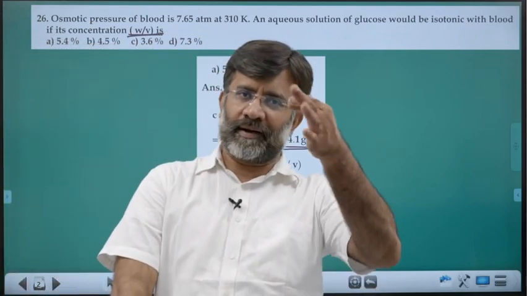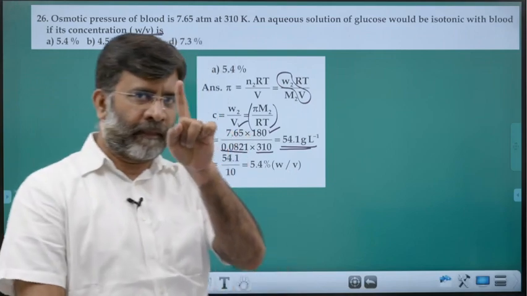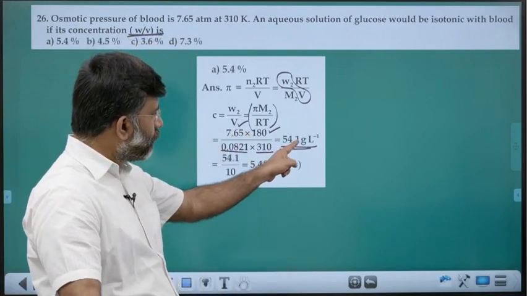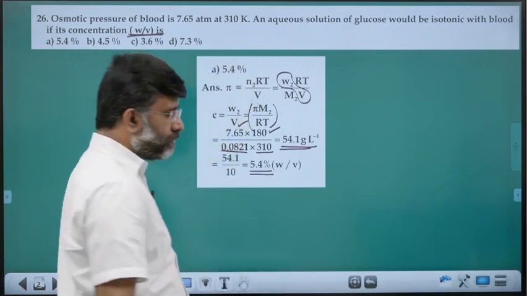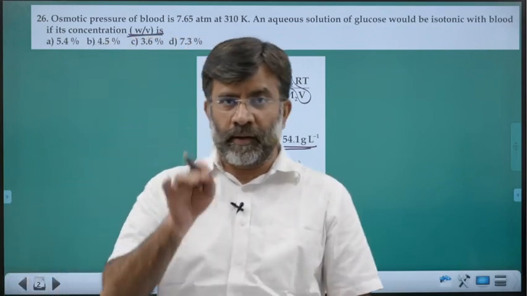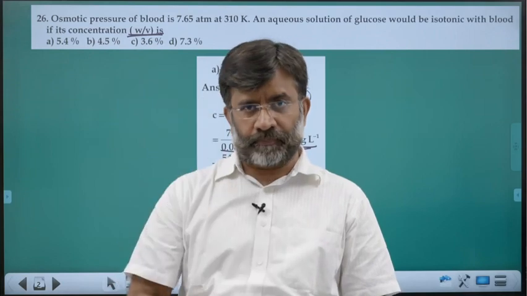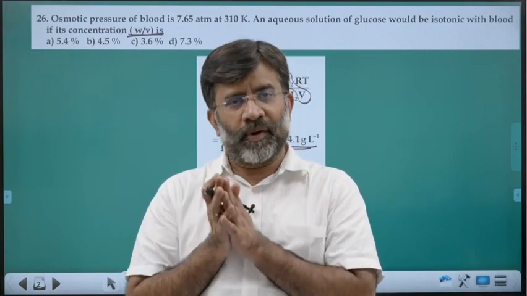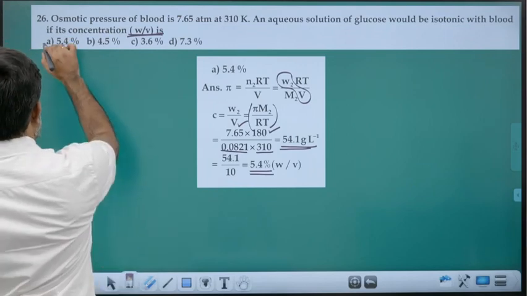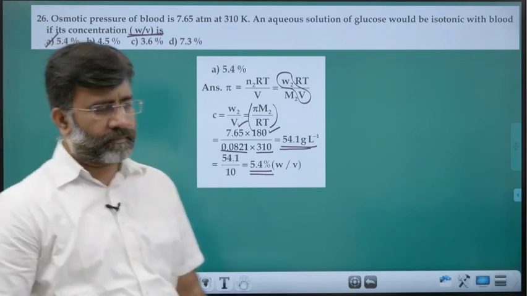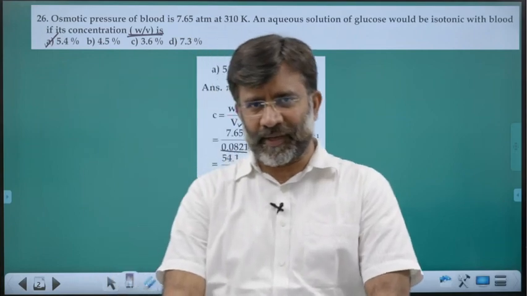So how much in 100 ml? In 1000 ml, 54.1 gram. So in 100 ml, it will be 5.4 gram. So that is the percentage, 5.4 percent, option A. I think it is okay. Next question.